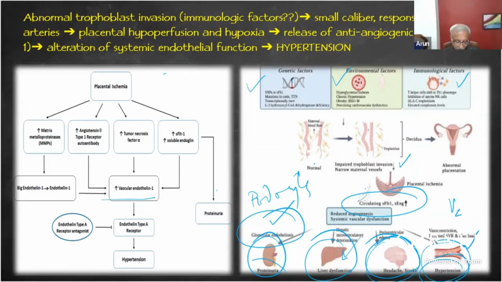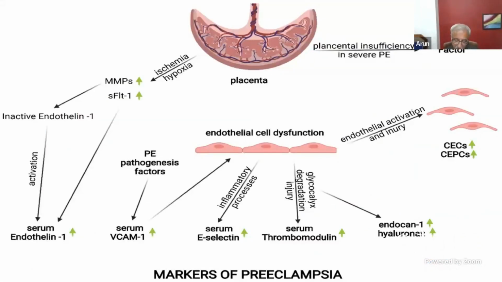All right. Same here. So now coming on to the markers, the importance. This is a question you always get in your exam. If there is ischemia, it leads to matrix metalloproteinases being increased. sFLT is increased. The inactive endothelin 1 gets activated, and serum endothelin 1 is increased.